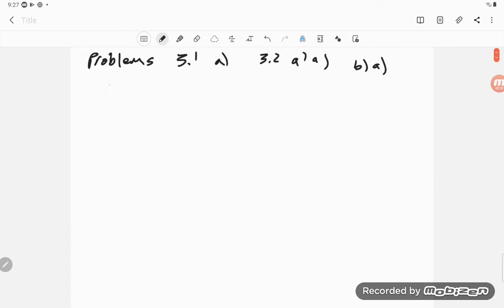But in A, we're told that we have f of x equal 0 if x is strictly less than 5, and it's equal to a constant if x is greater than or equal to 5. So this is a CDF, cumulative distribution function, and it's continuous.